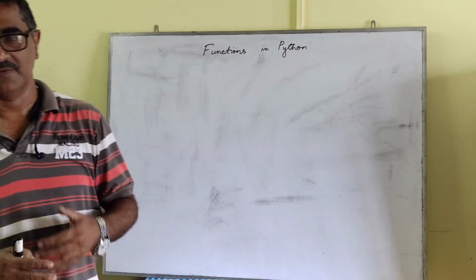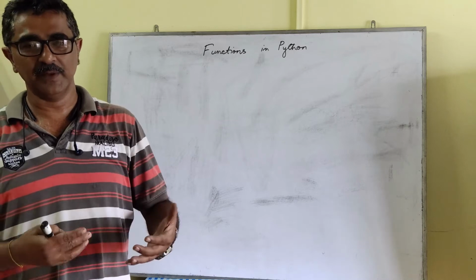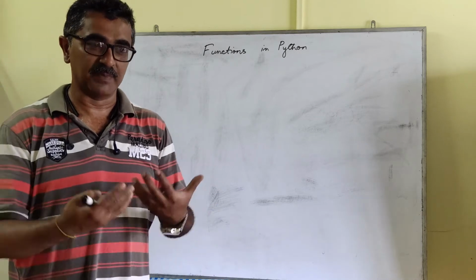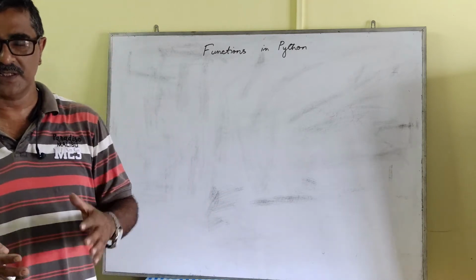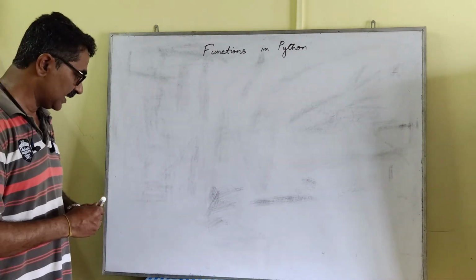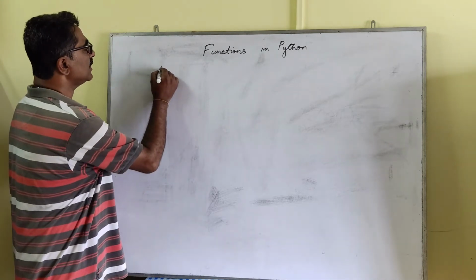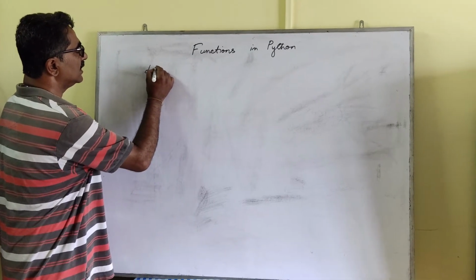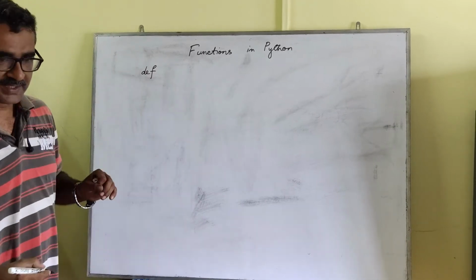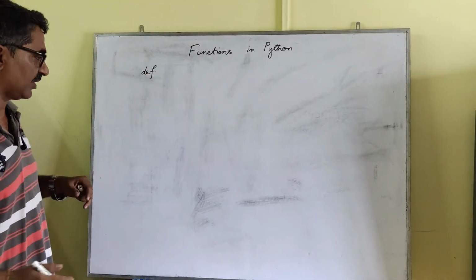So a function, we can define it as reusable code that may contain a group of statements for execution. I'll give you a small example of how to create functions in Python. All functions in Python begin with the keyword def for definition of the function.